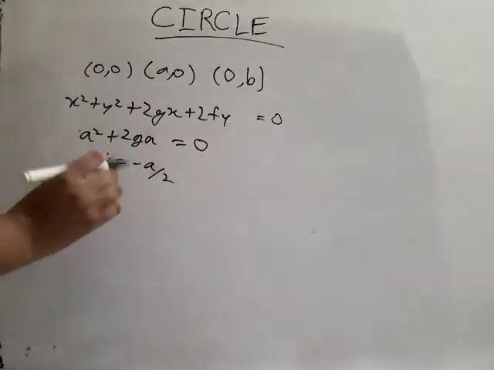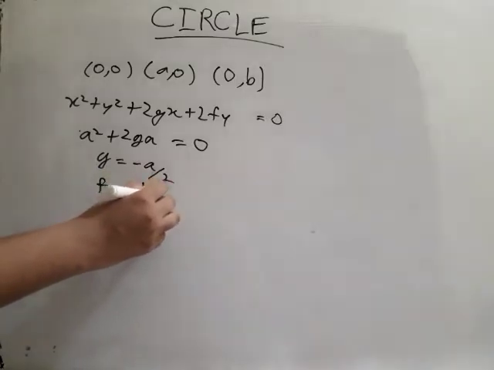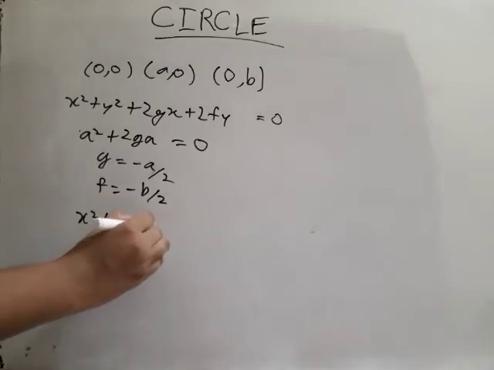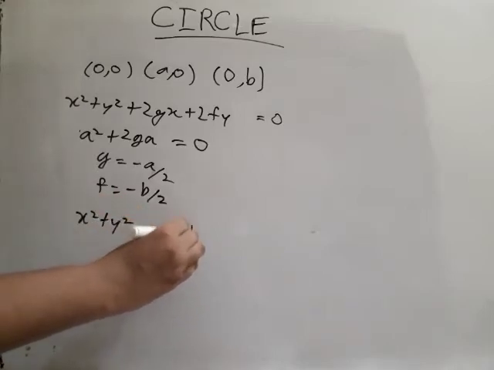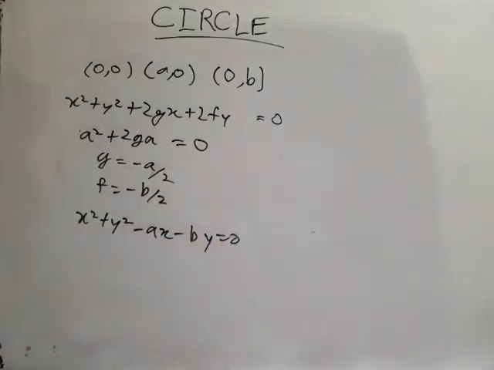Similarly, putting 0 comma b, we get f equal to minus b by 2. So the required equation is x square plus y square minus ax minus by equal to 0. Similarly, you can find equation of circles from any three given points.